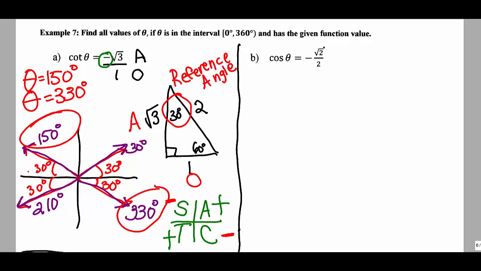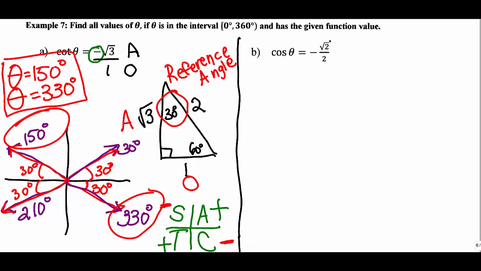So all 4 of these angles will have cotangent value of square root of 3, but the ones in quadrant 2 and 4 will be negative square root of 3. The angles in quadrant 1 and 3 would have been positive square root of 3. So these would be our 2 solutions here within that 30-degree reference angle family.